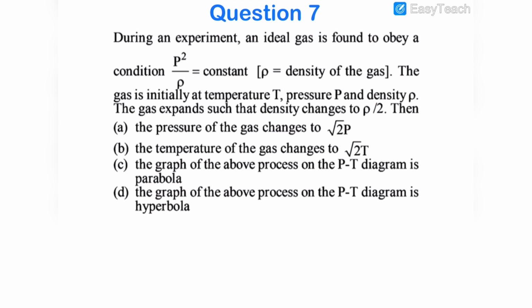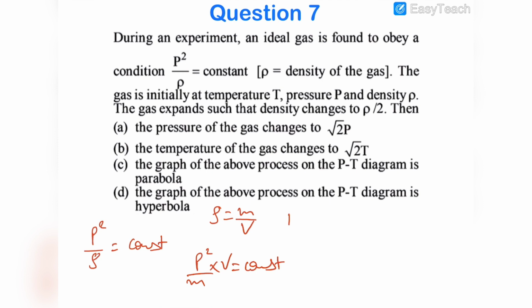First of all, density rho is equal to mass upon volume, and if the process equation is P square by rho is equal to constant, then we can say that P square by m into V is equal to constant. Now the mass of the gas will remain constant throughout, so the process equation will be P square V is equal to constant. And if the density becomes half, then it means that volume will become twice.